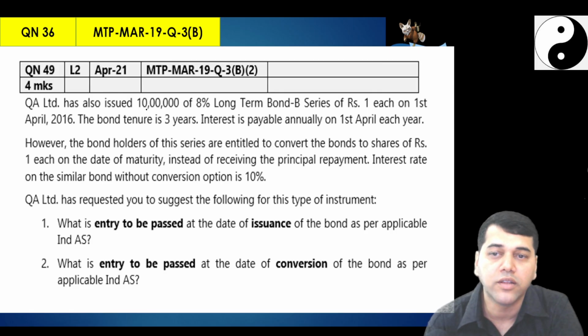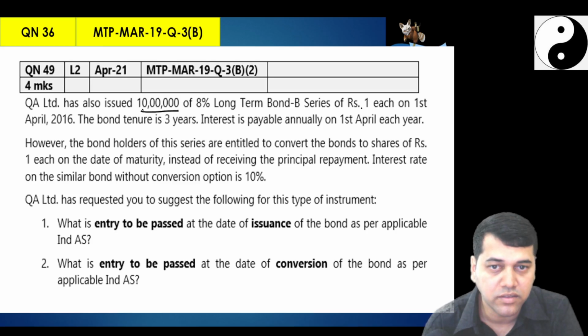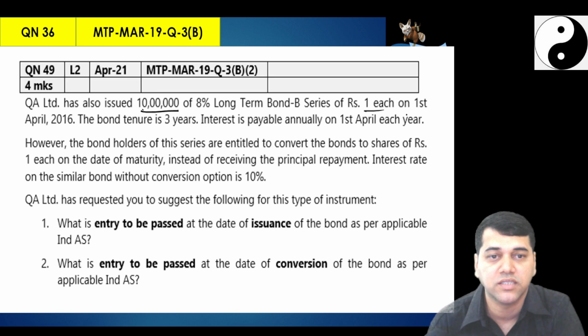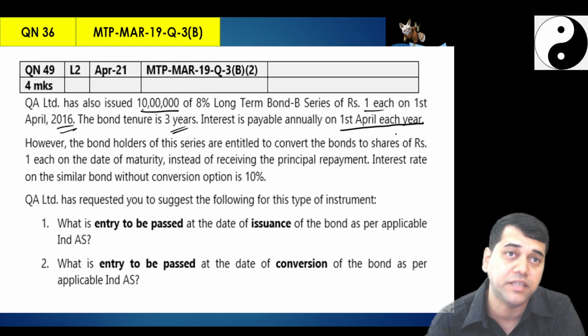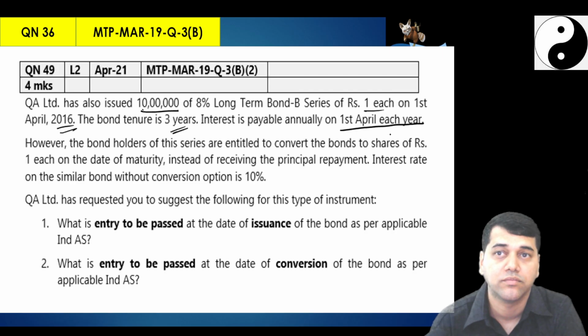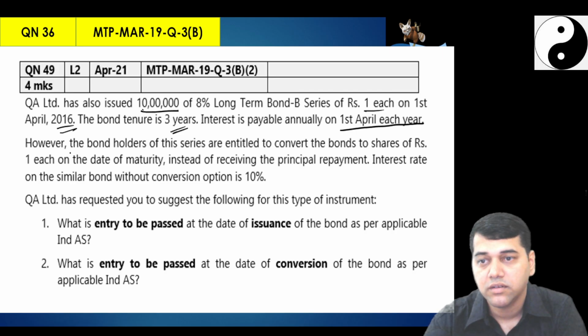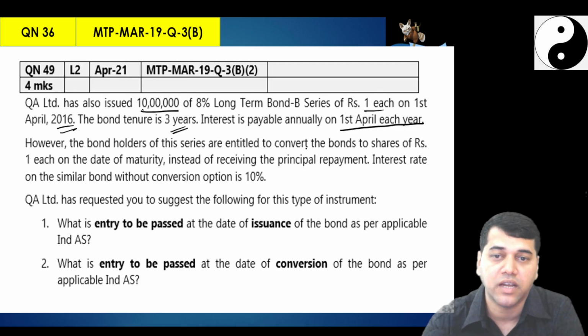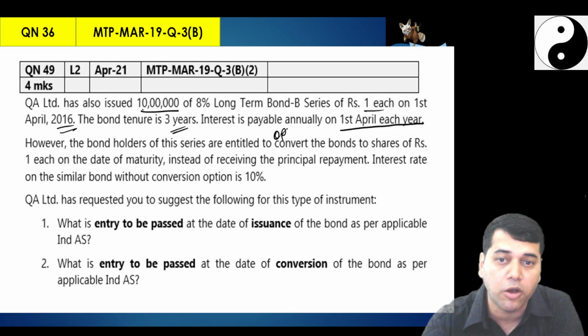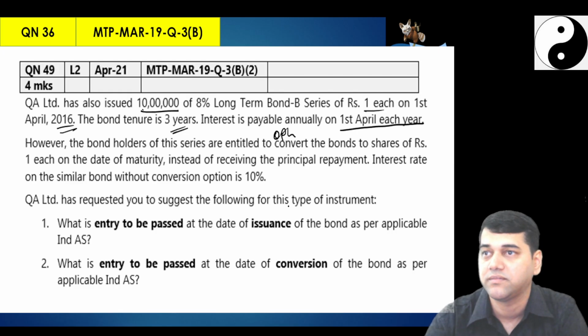QA also issued 10 lakh 8% bonds, B series, of 1 each, on 1st April 2016 for a tenure of 3 years. Interest is payable on 1st April every year. Be careful. However, the bondholders of this series are entitled to convert. This is an optionally convertible OCPS.